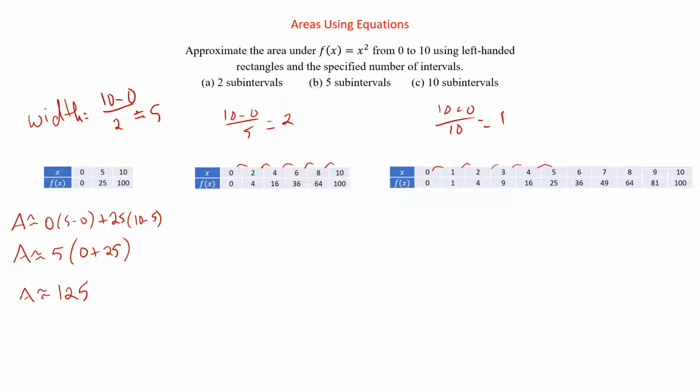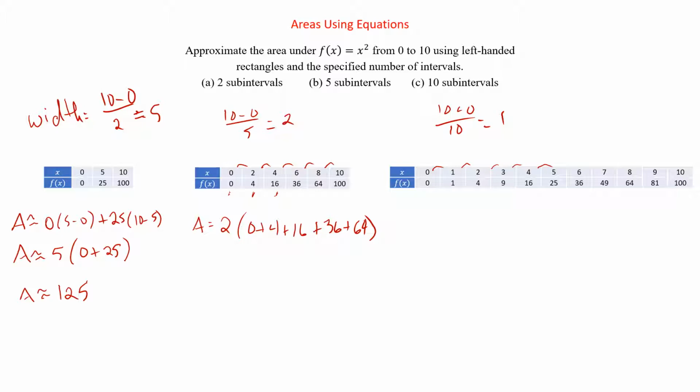So here the area is going to be 2 times 0 plus 2 times 4 plus 2 times 16. I'm going to factor out the 2. So I have 2, and then it was times 0 plus 4 plus 16 plus 36 plus 64. And remember, with left hand, we don't use that last one.